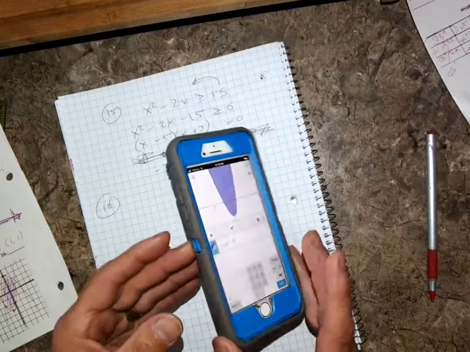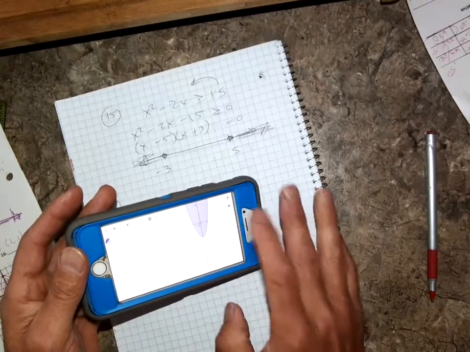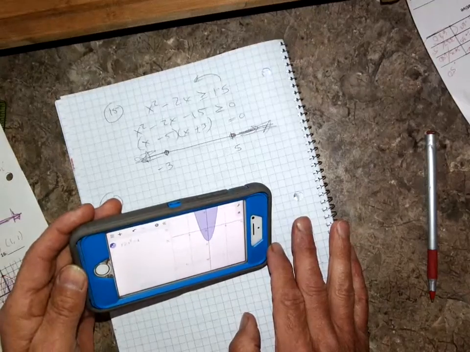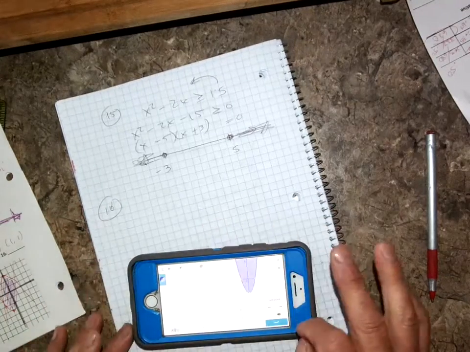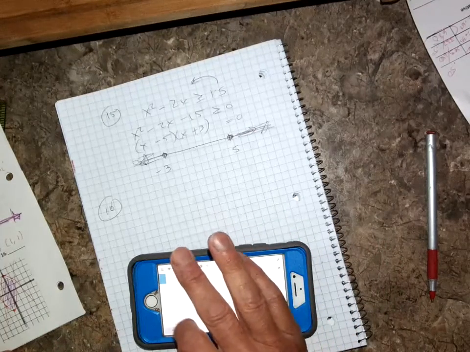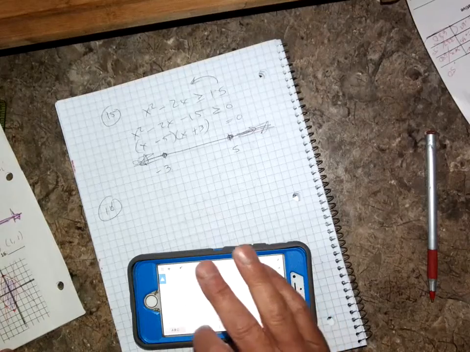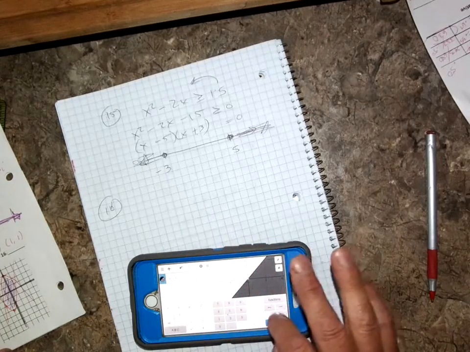So you shade that in there. See? Awesome. You guys hopefully see that. Okay, just shade that in. And then the same thing on the next one. You just use Desmos. It's awesome. So you can go y is less than or equal to, nope, it's not x. I'm sorry, my bad.